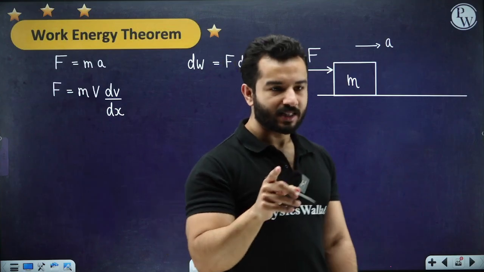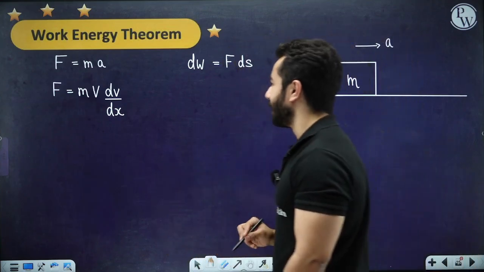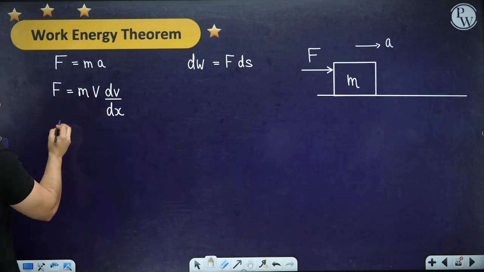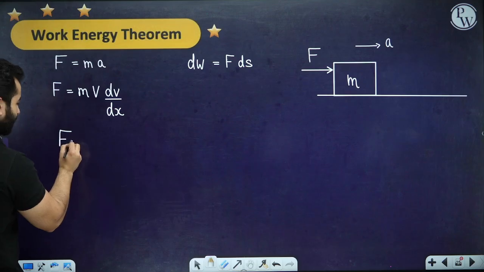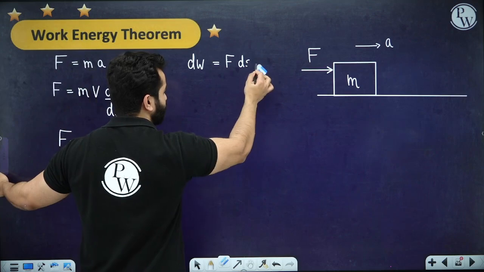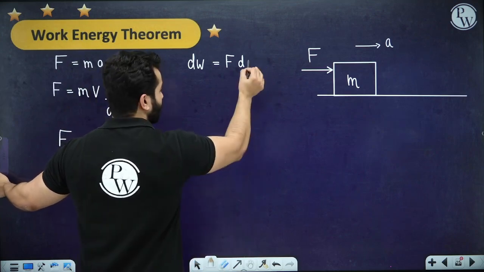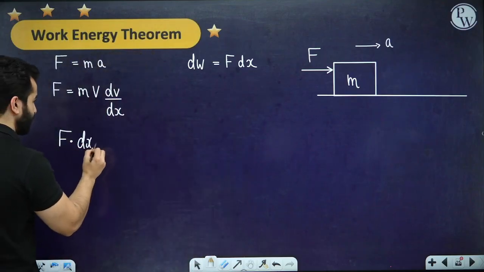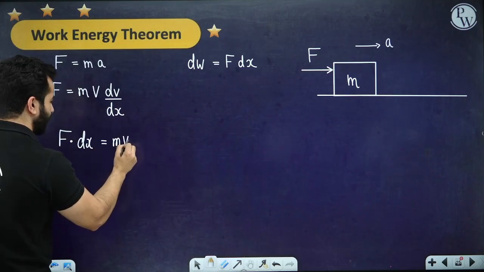Acceleration can be written as velocity times dv by dx, right? So I'll change ds to dx, and I can write F times dx equals mv times dv.